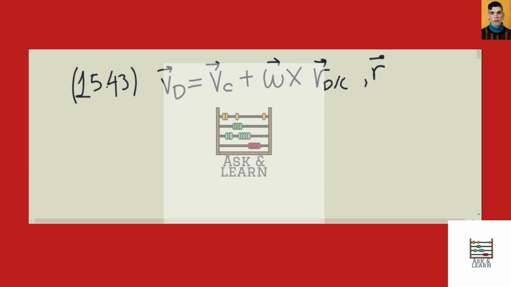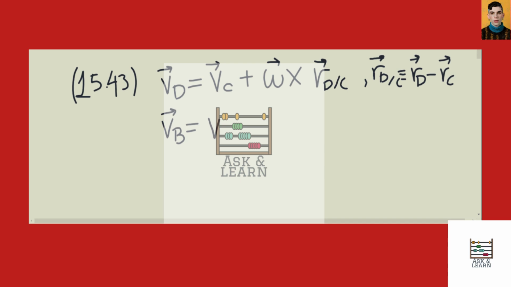This is defined, of course, this way. It's the vector difference of the position with respect to the origin of point D minus the position of point C with respect to the origin.